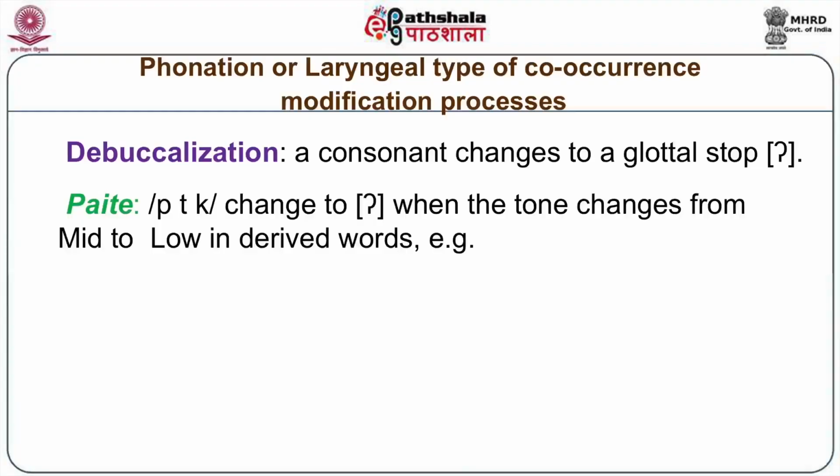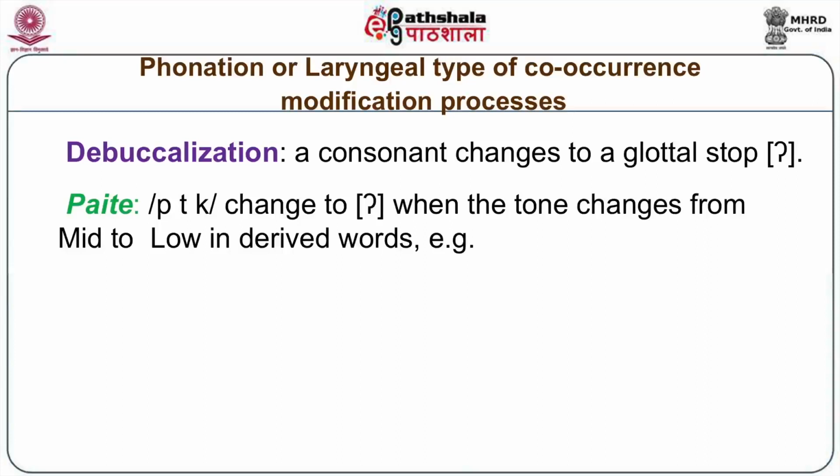For example, voiced sounds, voiceless sounds, creaky sounds, aspirated sounds, etc. All these are different types of glottal states, and laryngeal types of modifications involve processes such as voicing, devoicing, aspiration, de-aspiration, etc. Let's take a look at some of these processes with examples.